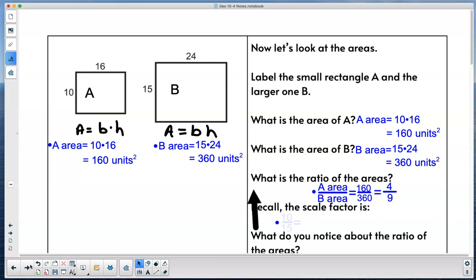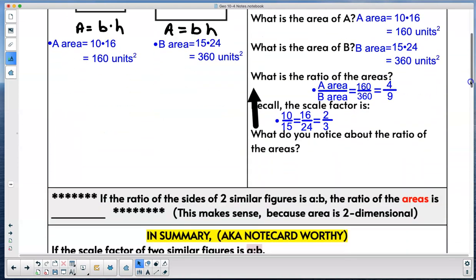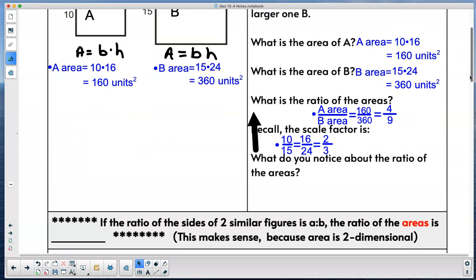Now, recalling our scale factor, which was 10 to 16 to 24, which is 2 to 3, I'm looking at this, and what do you notice about the ratio of the areas? The ratio of the areas here, and then the scale factors here. Well, both are reduced, but this ratio of the areas seems to be our scale factor squared.